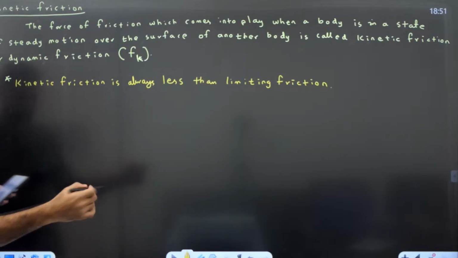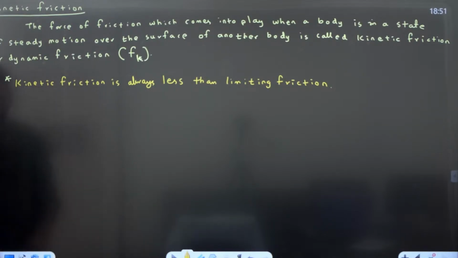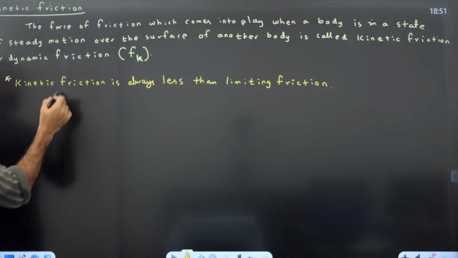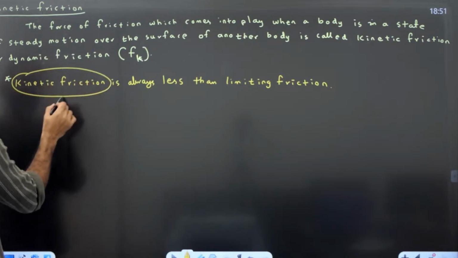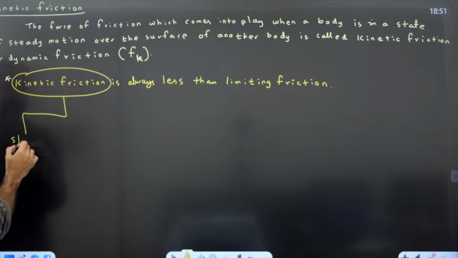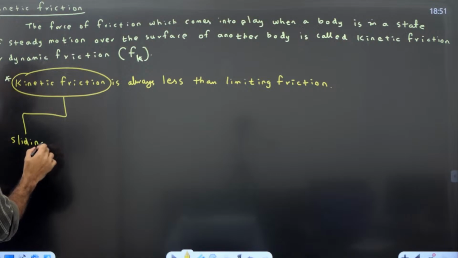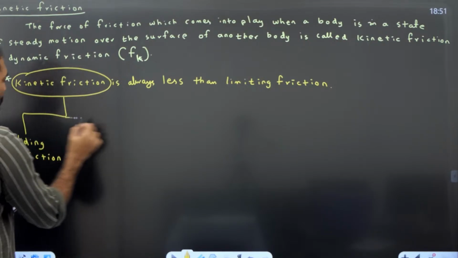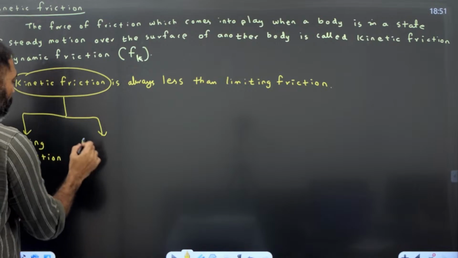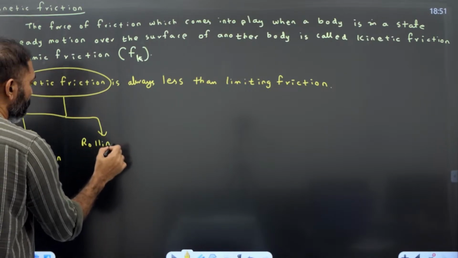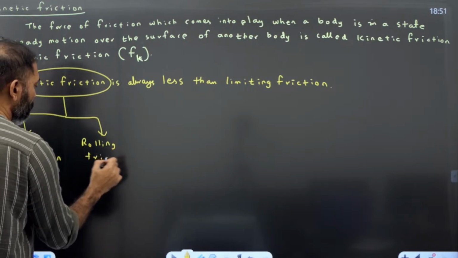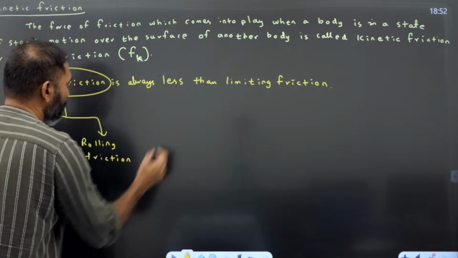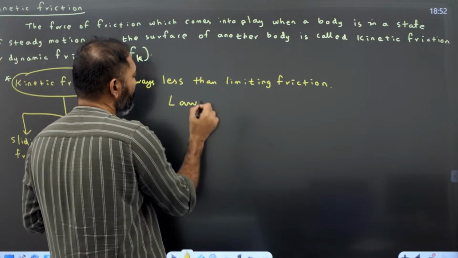Kinetic friction is of two types, sliding friction and rolling friction. That is already explained. Now next, laws of kinetic friction.